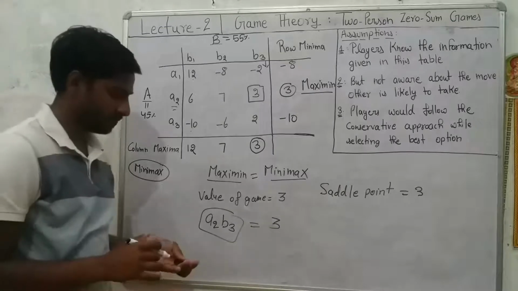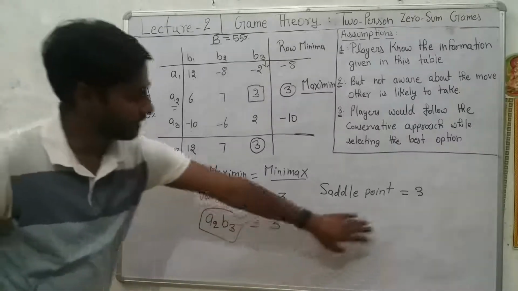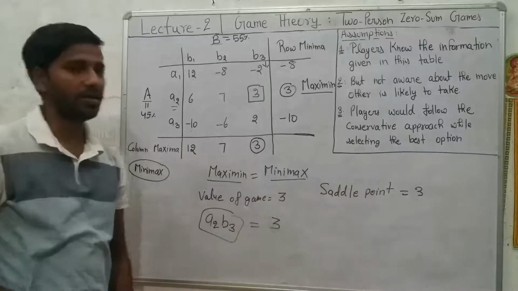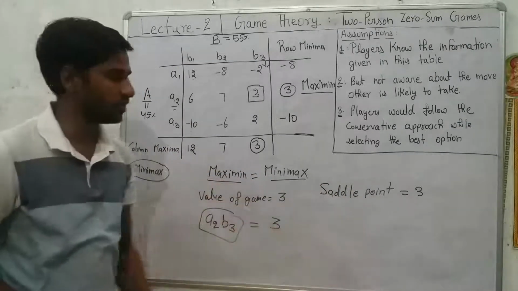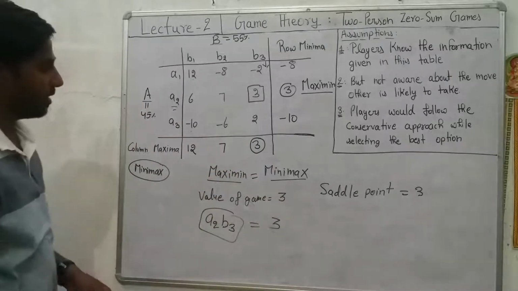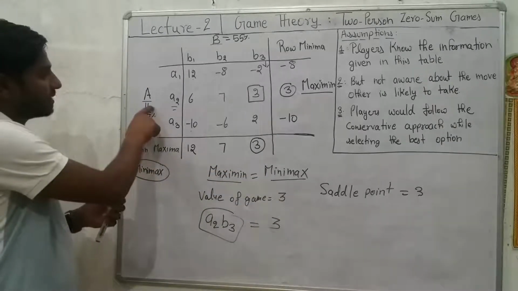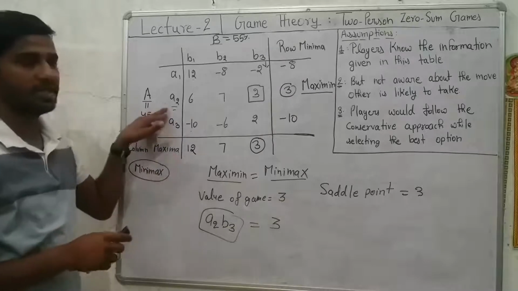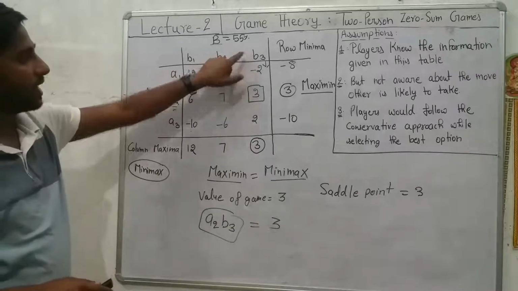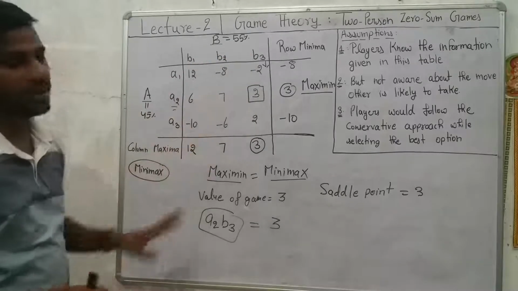And remember that this is the most simple game situation, in which we have a saddle point. Now you can see that company A selected only one strategy, that is A2, and similarly company B has also selected only one strategy, that is B3.